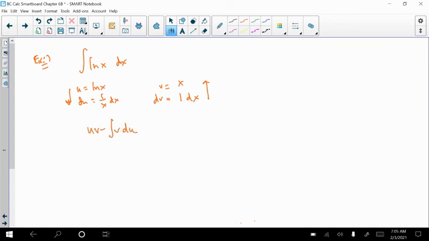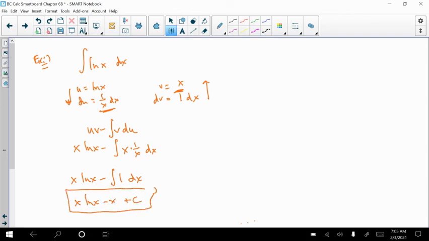Well, u times v, so x ln x minus the integral of v du, 1/x dx. Again, there's your v, there's your du. And that is something we can integrate. So I get x ln x minus the integral of just 1 dx, which is just x. So x ln x minus x plus c. So that's the antiderivative of ln x.